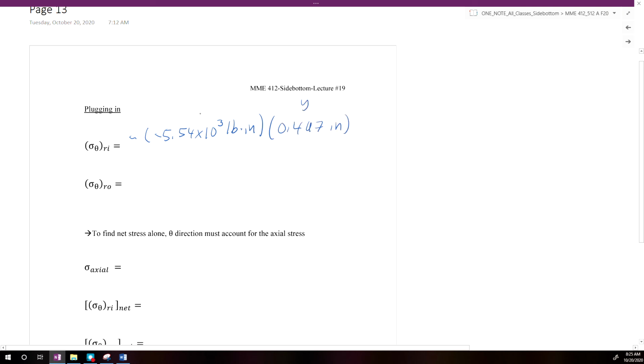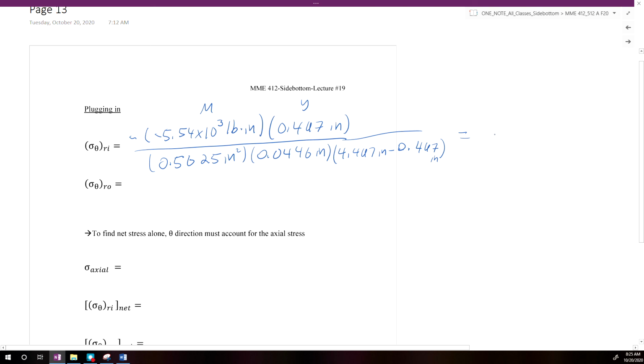So that's our y term, divided by our area term, which is equal to 0.5625 inches squared, times our eccentricity, which was equal to 0.0446 inches, times 4.497 inches minus 0.497 inches. All right, we will get our overall stress equal to 27.45 KSI.